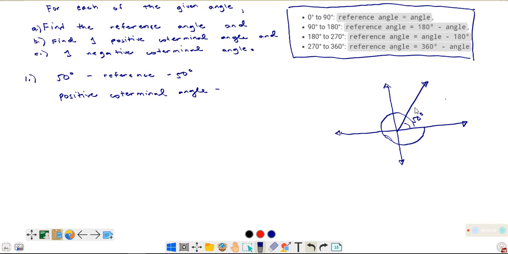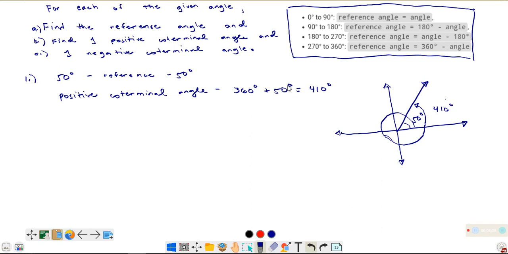We have to cover this space here, which is 50 degrees. So for us to get the positive coterminal angle, we have to add 50 to 360 degrees, giving us 410 degrees. So this angle here is 410 degrees.